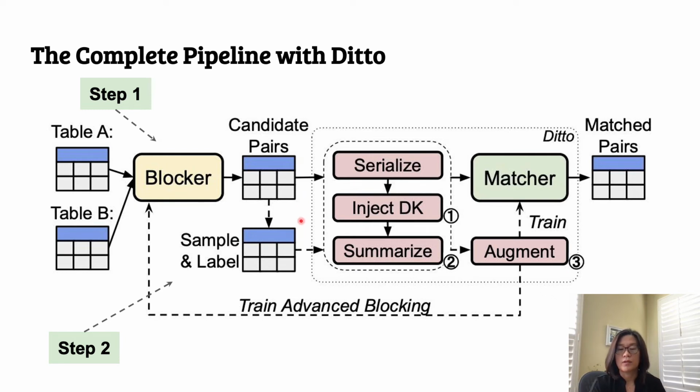After this, we sample and label a training and validation set, which is then used to train the Ditto matching model. Optionally, the labeled dataset can also be used to train a deep learning model for blocking, and we call this advanced blocking, and that's what we have implemented for the entire pipeline with Ditto.